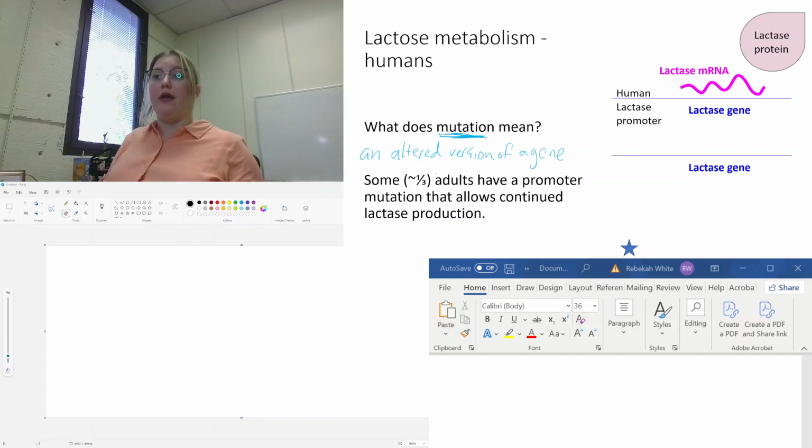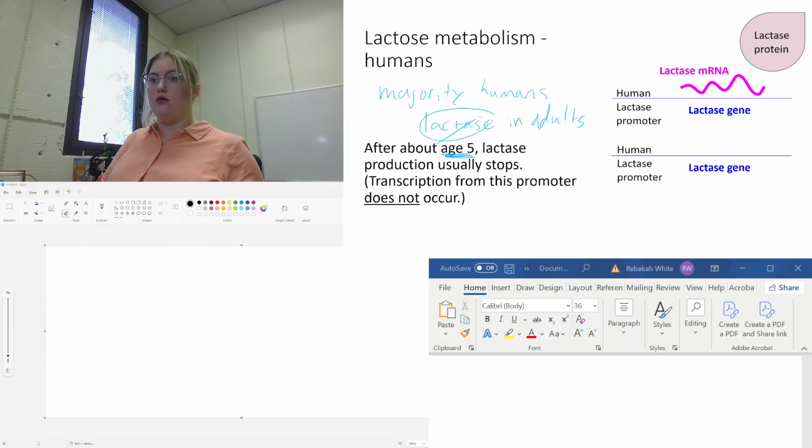So, in this mutation, these humans have a version of the lactase promoter that continues to work. Most of the time, this would be in babies, right? We get the production of lactase mRNA, but in adults, we are not going to have an active promoter, so we don't get any mRNA.